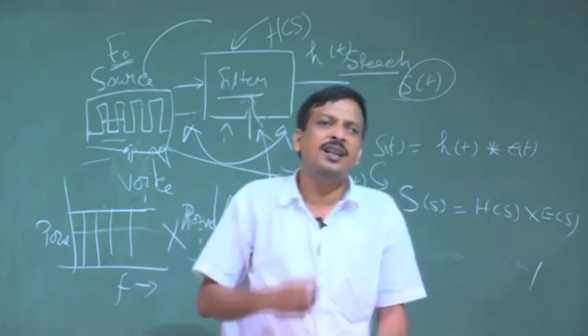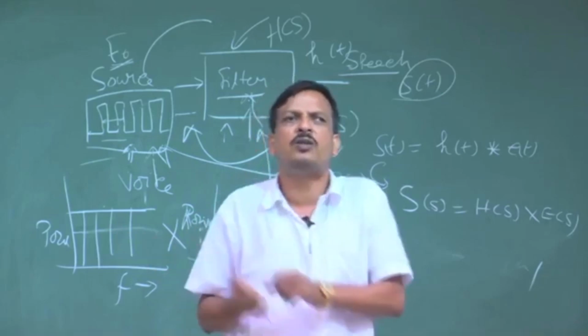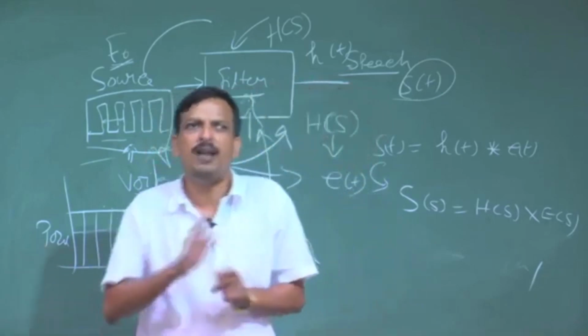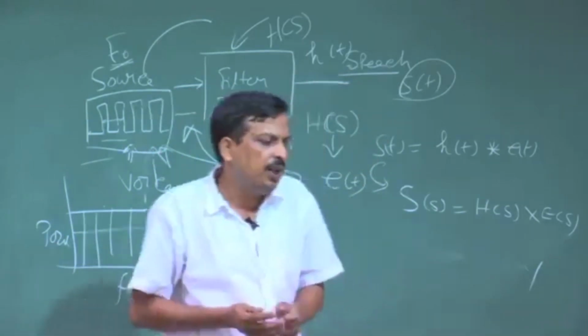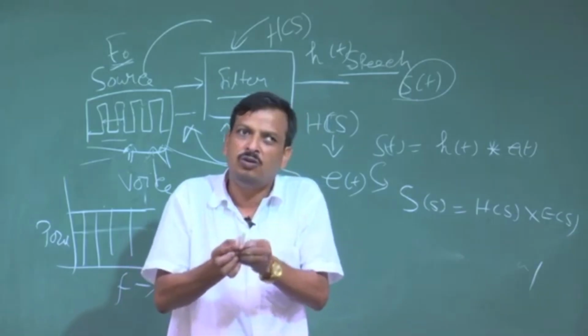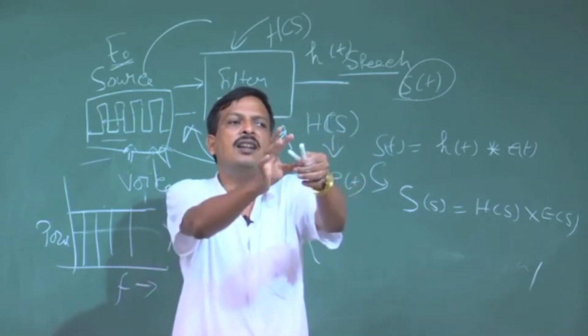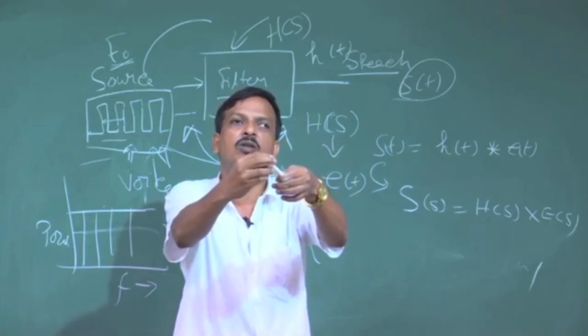So, if I say human beings, different kinds of humans, male versus female. F0 depends on the vocal cord length and vocal cord mass, those two things. If the length of the vocal cord increases, what will happen?